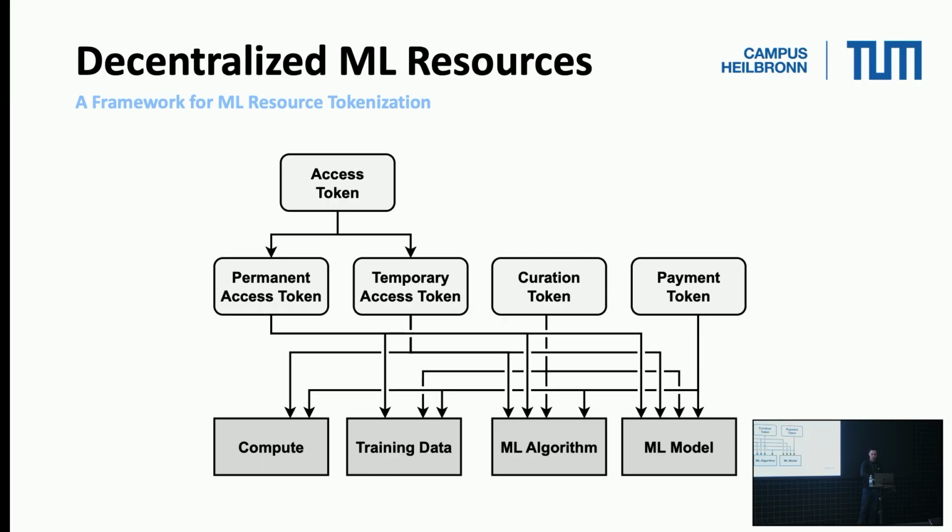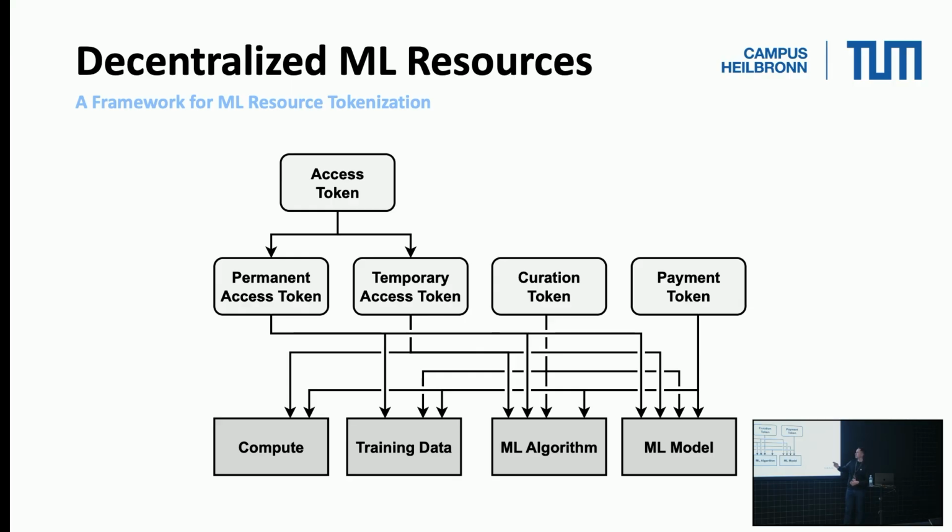What we then did is that we mapped those tokens to the machine learning resources, and how they can be implemented. To give you the most prominent ones, permanent access tokens cannot be used to tokenize compute resources, because compute resources have high variable costs and therefore could not be represented by a permanent access token.